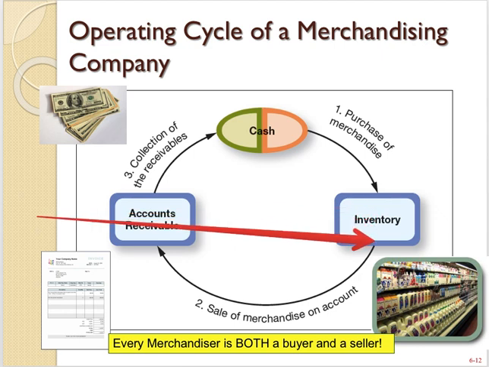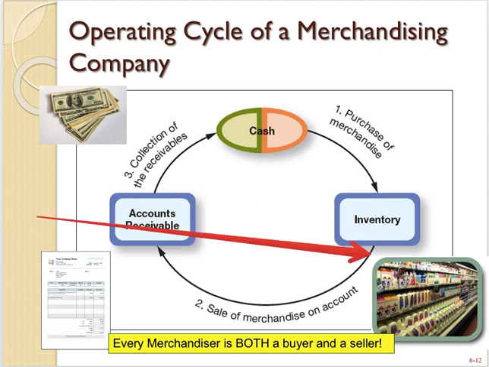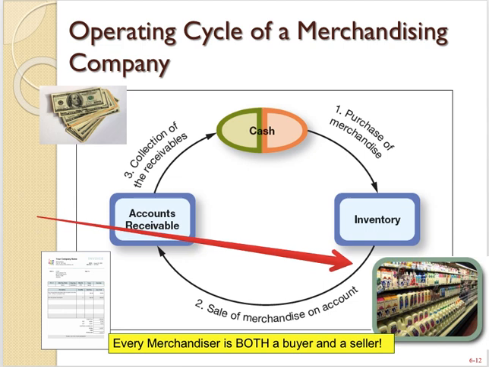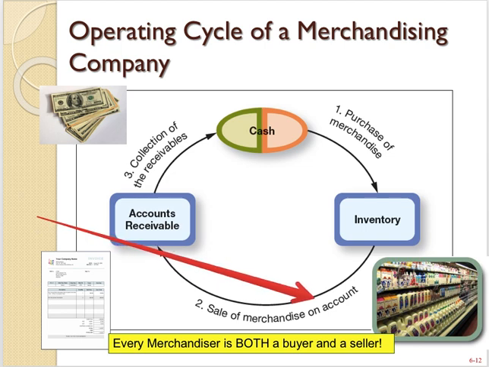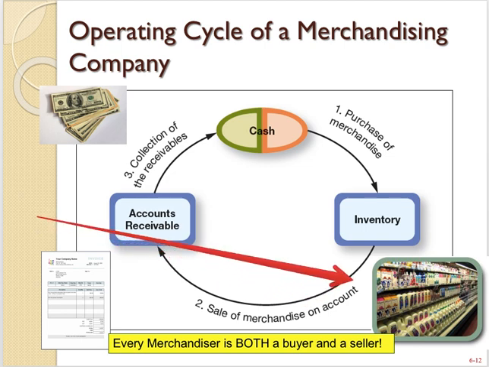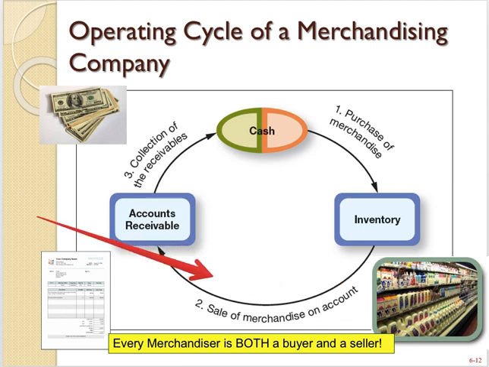The next step is they're going to sell the merchandise to a customer. Sometimes it'll be for cash immediately, and sometimes it will be on account, which, as we've learned, is when we give our customer some time to pay, whether that's 2 weeks or 30 days or whatever the terms are.